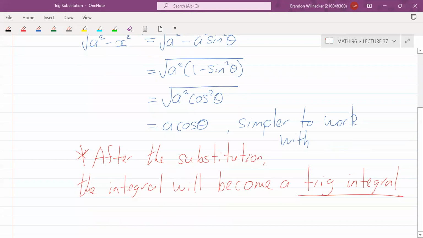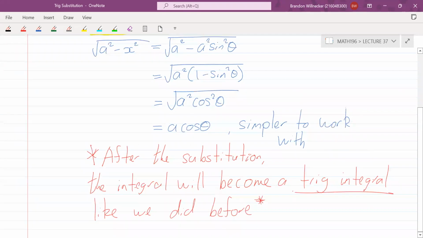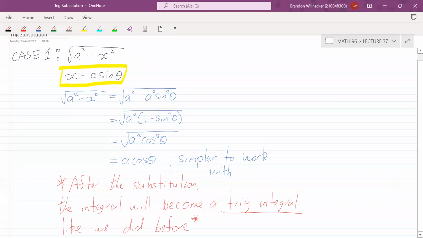Remember those trig integrals, like with the sine squared, cos cubed kind of thing; those are going to come up here as well. So it's important to go over trig integrals again if you need to.